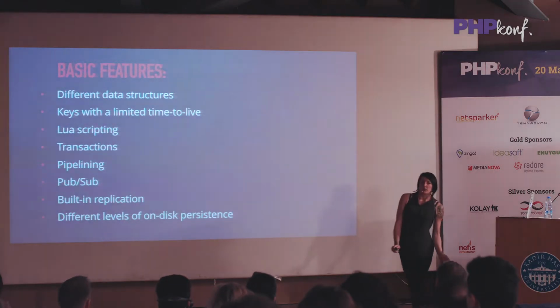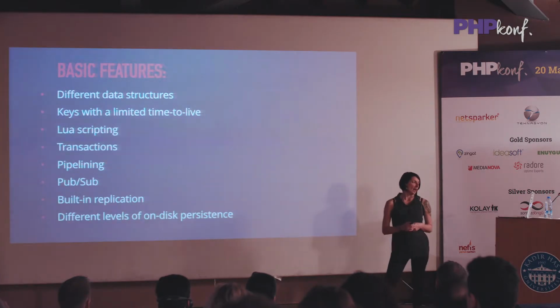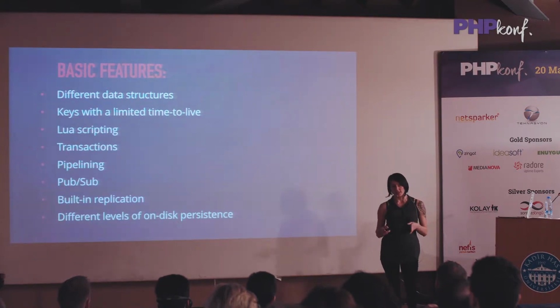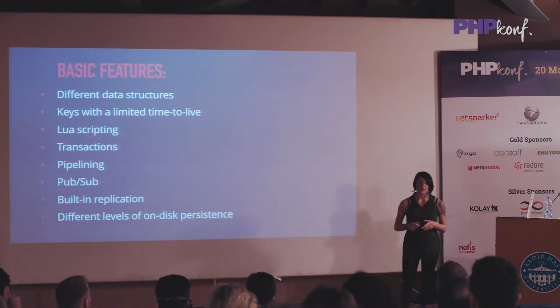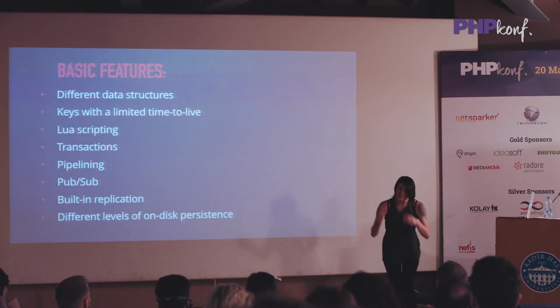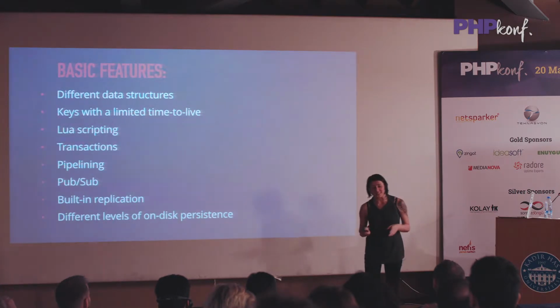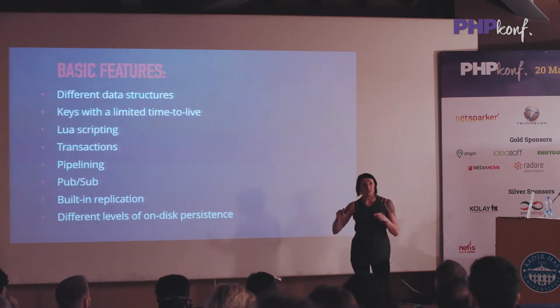Some other basic features of Redis: it has keys with limited time to live, so we can set expiration dates. And differently from memcached, Redis is able to expire keys that are not getting accessed.